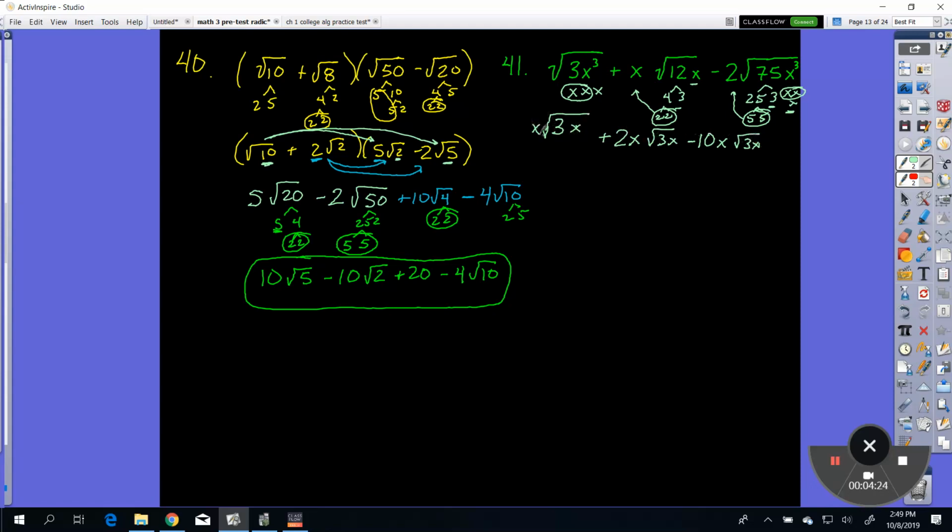And on the outside are all x's as well. So I have 1x plus 2x, which makes 3x, square roots of 3x, minus 10x, square roots of 3x. So 3 minus 10 is negative 7x, square roots of 3x. And that's my answer on that one.